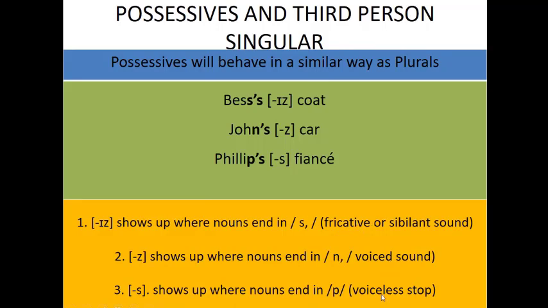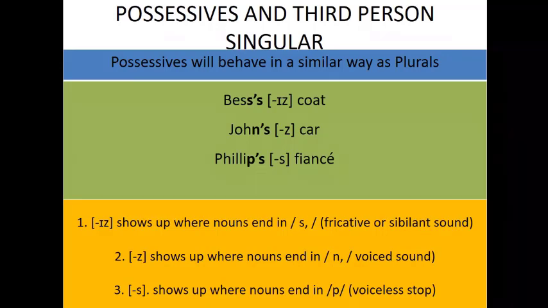Okay, you generalize it to other voiceless stops. Very important to see that here you have a stop. S shows up where nouns end in a p. P is a stop, and it's voiceless. You go to the consonant sound chart, and it will show you voiceless stops. There are a few examples. So if it's a noun that ends in a voiceless stop, then you have the s sound at the end of the noun.